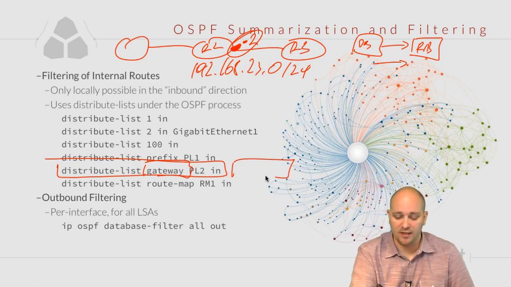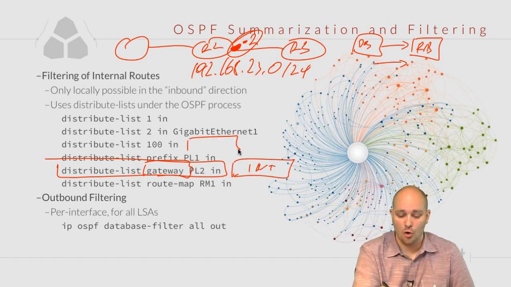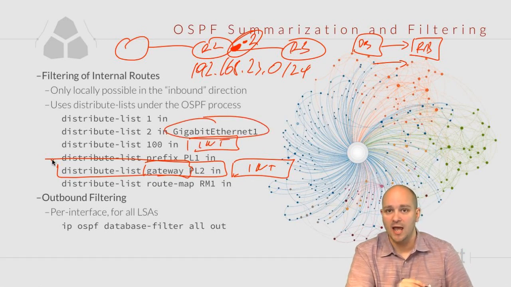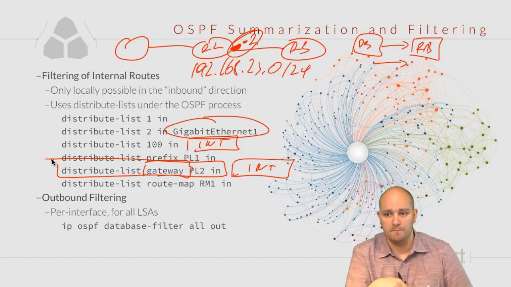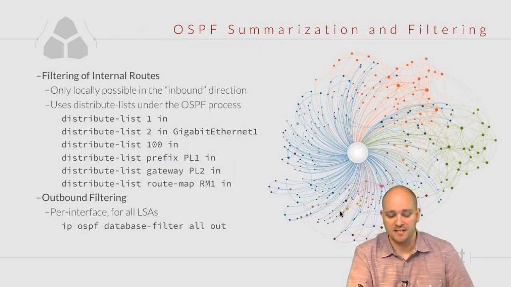And keep in mind that we can also specify interface here. Even though I have used the IP address as an example only here, that doesn't mean that you cannot use the interface to specify this filtering.